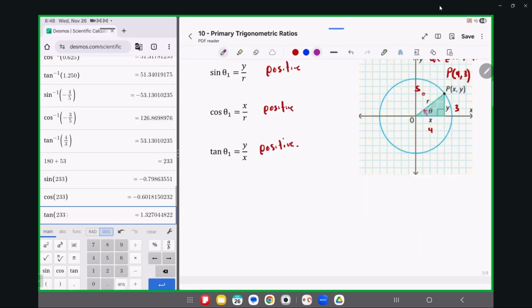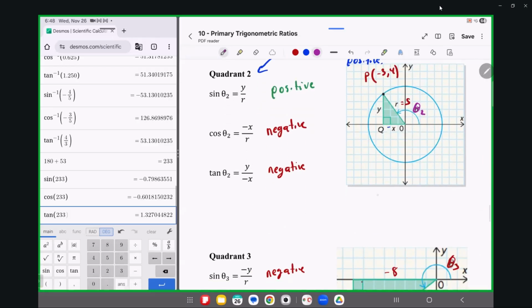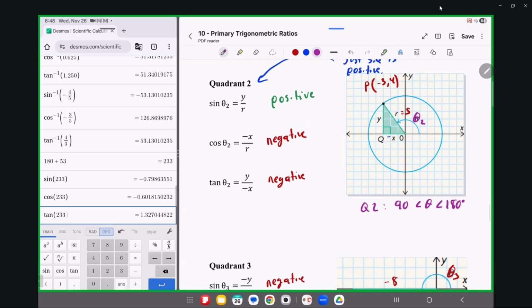Great. What about quadrant 2? If we have a quadrant 2 angle, we know theta has to be between 90 and 180, because again, a straight line is 180 degrees. But how do we figure out this angle?